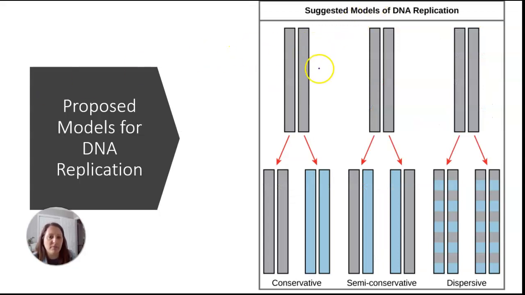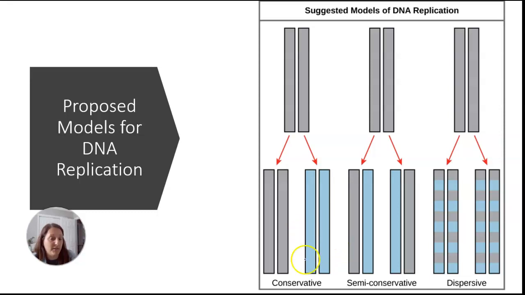So the conservative model, again, we start off with two original or old strands of DNA. These would both be made up of N15 if we're talking about the experiment. And after a round of replication, we would end up with one double-stranded DNA molecule that was still made of just N15 and one double-stranded DNA molecule that was made up of just N14.